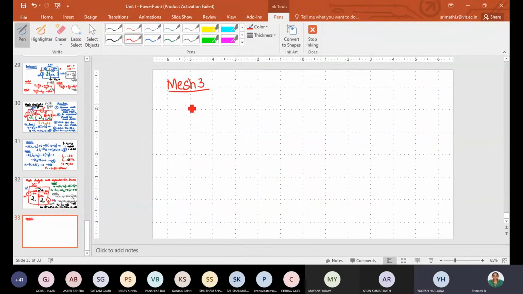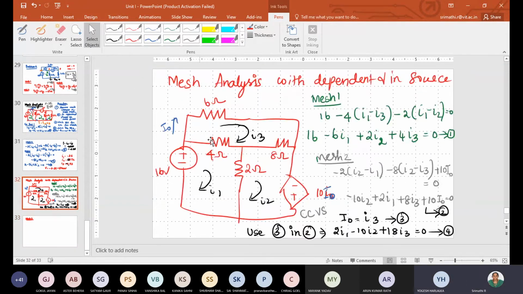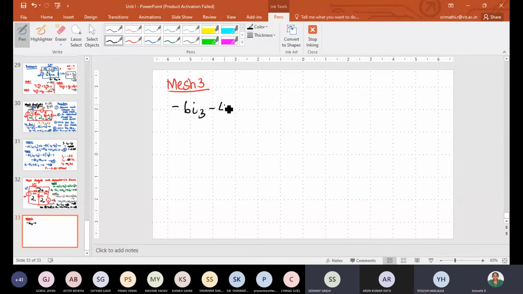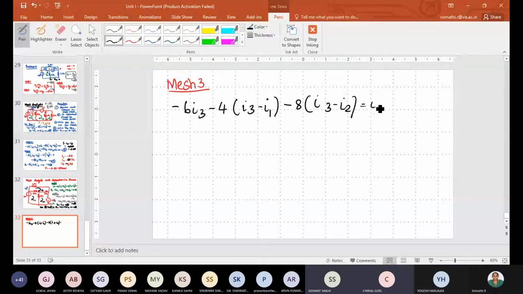4 into I3 minus I1, minus 6 I3, and let me write minus 4 I3 minus I1, then minus 8 into I2 minus I3, minus 2 into I3 minus I2, I3 minus I1.